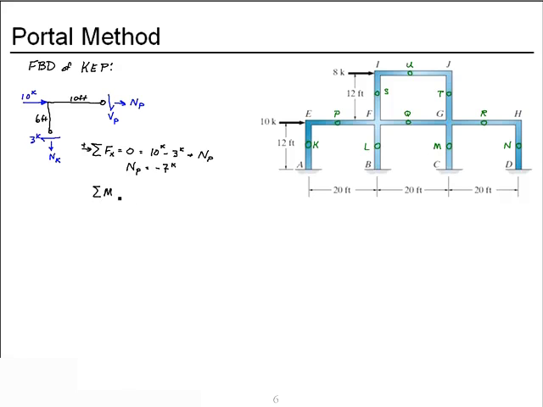Now let's sum moments about point K. I'm going to choose clockwise as positive for this summation. The 10 kip applied load acts through 6 feet. The shear at P acts through 10 feet.